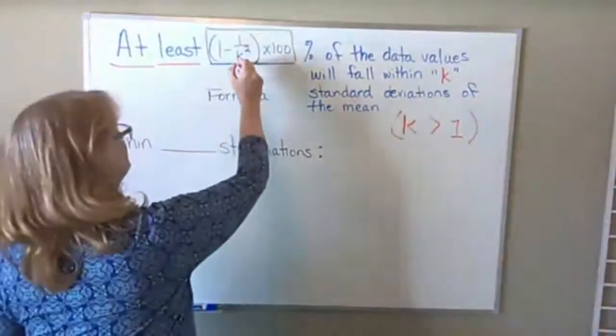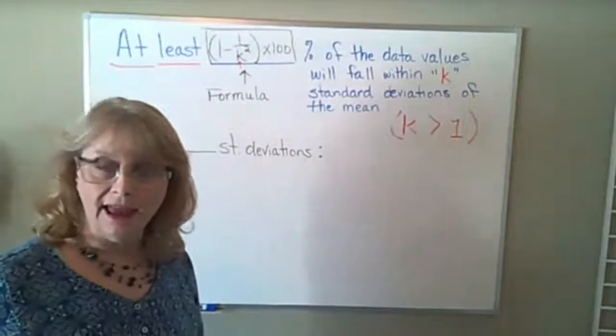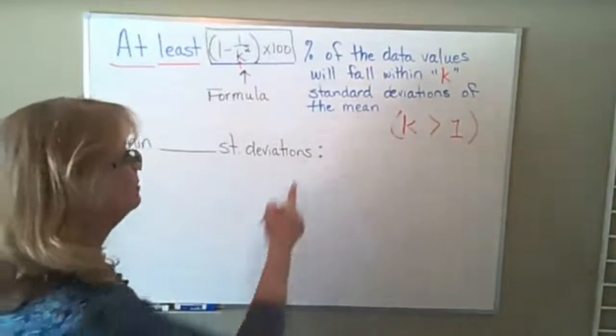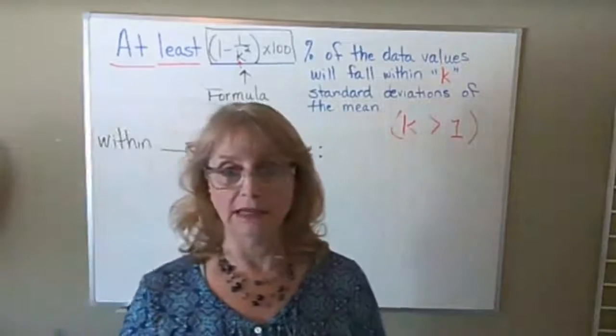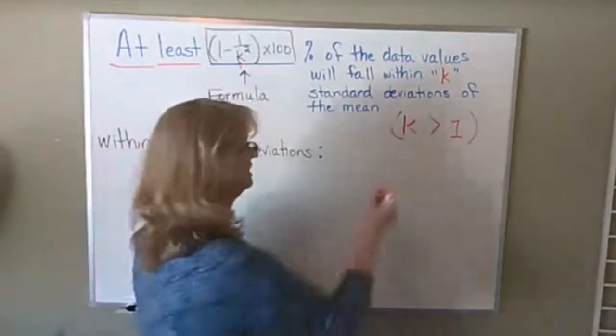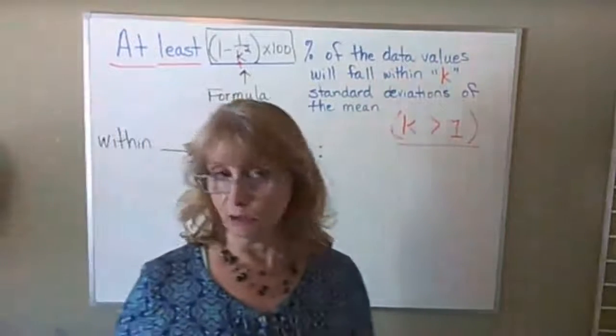Now, you see this k right here. That number k in the formula is how many standard deviations you're talking about from the mean. And notice that k has to be greater than 1, so it can't even be equal to 1.